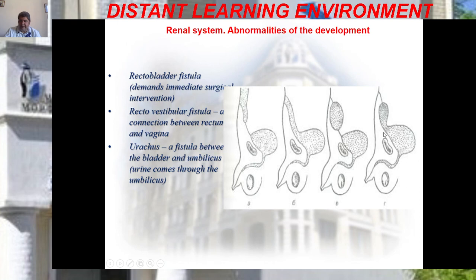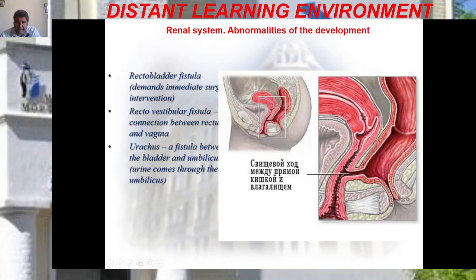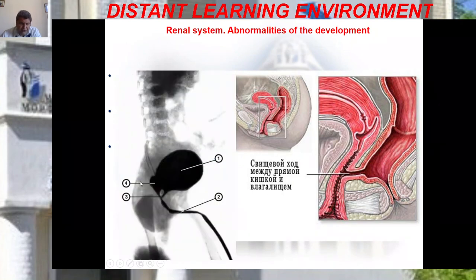And here you may see the diverticulum of bladder and partial obliteration of urachus. Next, you may see the connection between rectum and vagina, rectovaginal fistula. Also, you may see it here. And also, you may see the absence of lumen in distal part of rectum, and rectum opens into bladder or into urethra.